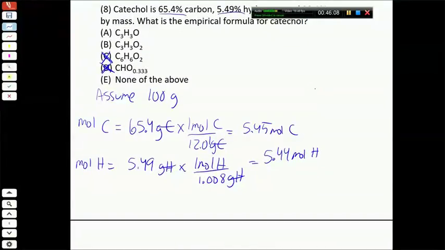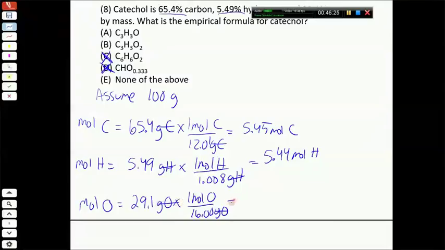And then finally, for oxygen, 29.1 grams. The atomic mass of oxygen is 16. So that comes out to 1.82 moles.